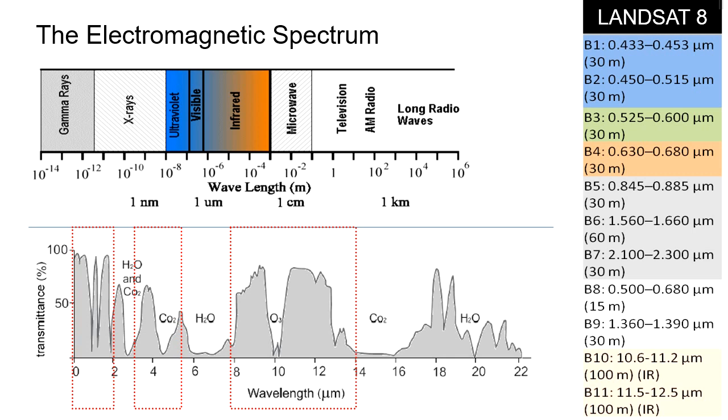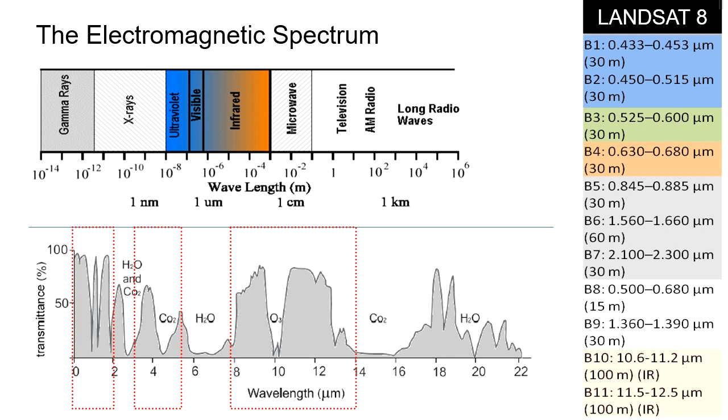Only the spectrum portion outside the main absorption range of the atmospheric gases can be used for remote sensing, and that area is shown in gray color here.